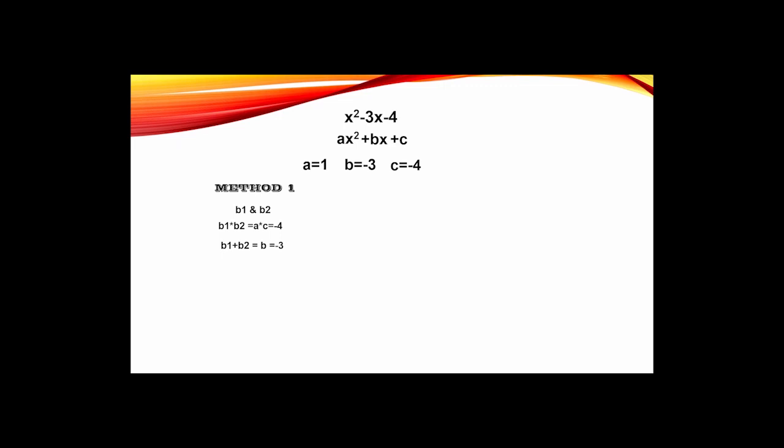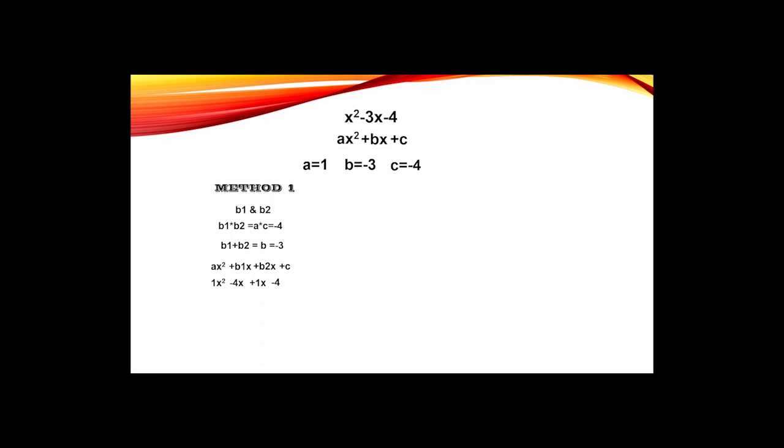Now we will split the equation as ax square plus b1x plus b2x plus c, which is 1x square, b1 we have got as minus 4, therefore minus 4x, plus b2, which is 1x, plus the constant term c, which is minus 4.